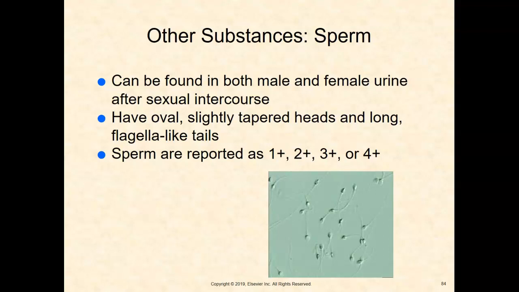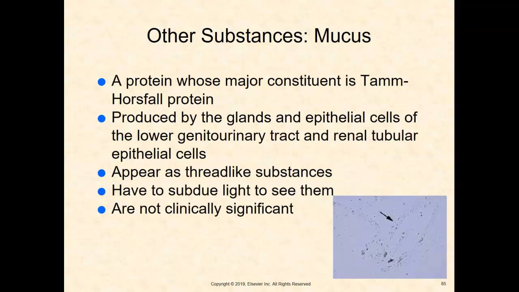But if you have an 80-year-old man with a ton of sperm in their urine, it could mean that they have some type of prostate inflammation that's causing sperm to actually back up into their bladder rather than being excreted normally. But there shouldn't be a lot of it in their urine. If there is, it's a good thing for the doctor to know.